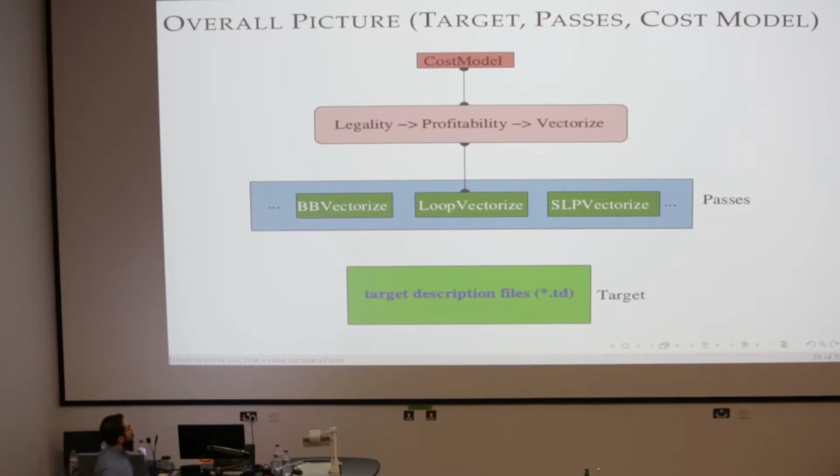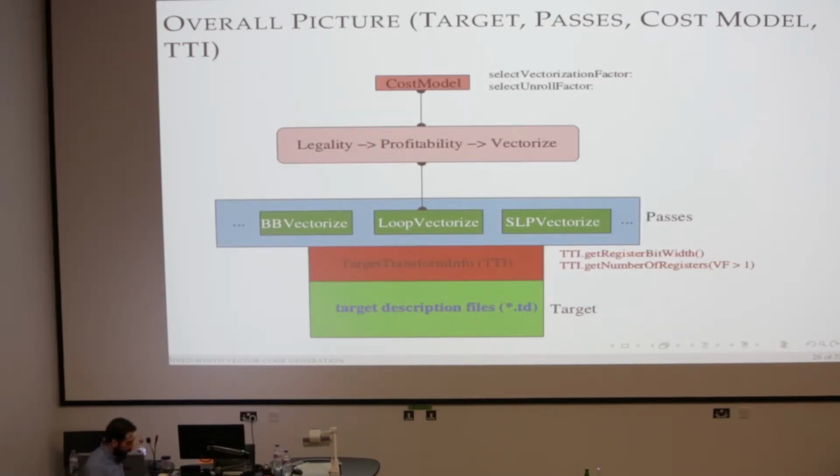They use a cost model to decide if this is a profitable vectorization or not. If we take the loop vectorizer as an example, it also uses a cost model, and in this cost model there are two things decided, let's say the two most relevant things to this talk.